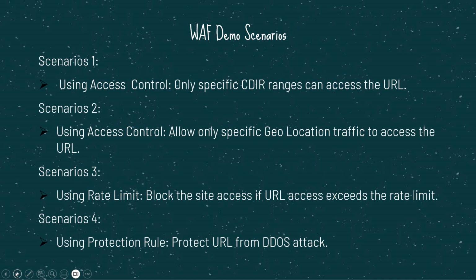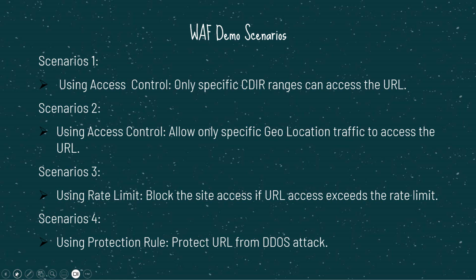In this session, I have a few scenarios or case studies which I'm going to explain and demo. One is how we protect by CIDR range access. For example, if you want only users from a certain CIDR range or country accessing your URL, we can do it by access control rule, and also we can allow geolocations, so only users from Canada, China or the US can access your URL.